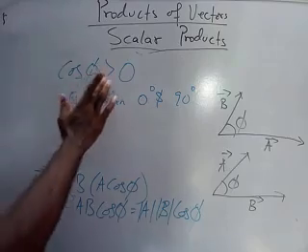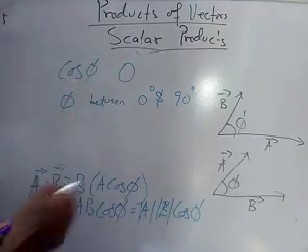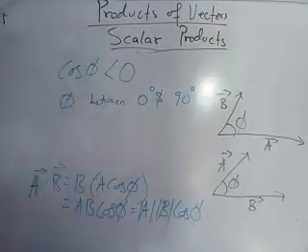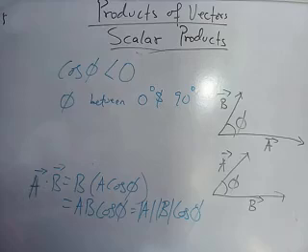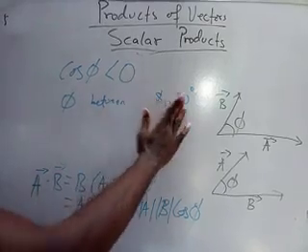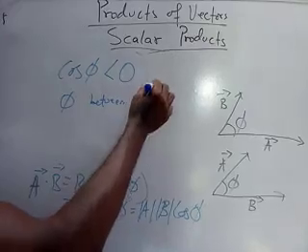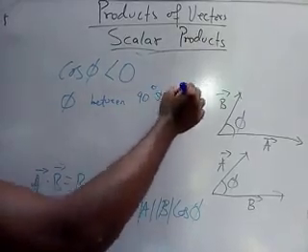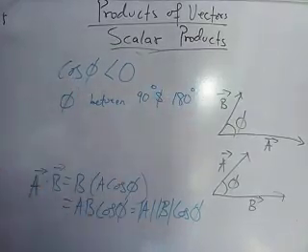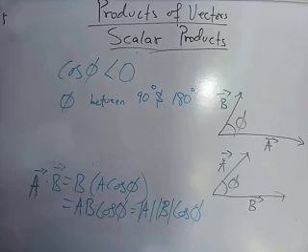If phi is between 90 degrees and 180 degrees, you should be expecting something negative. Are you getting me? You should expect something negative.